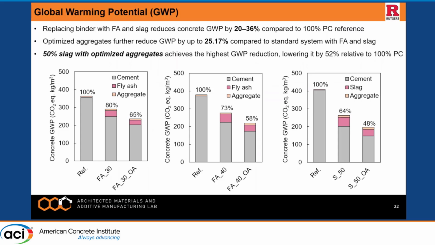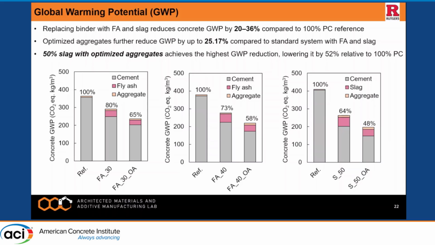So if you look here, we have a reference case with just 100% cement. But just by partial replacement of the binder, you can see a 20% drop in the global warming potential. And with the optimized aggregate, we can see up to a 35% drop for the case of fly ash.